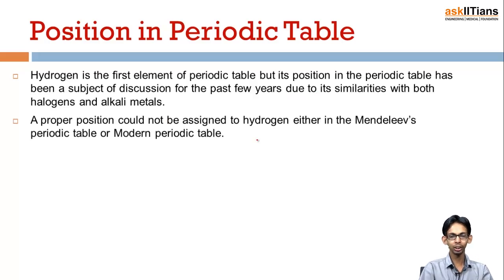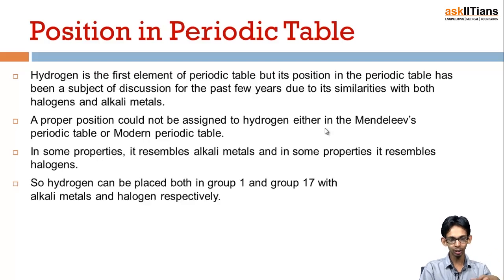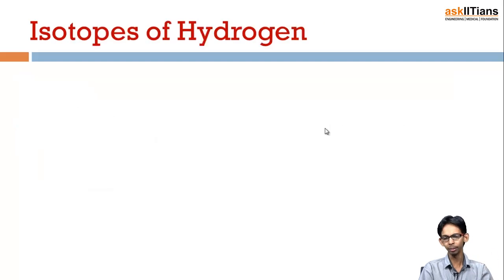A proper position could not be assigned to hydrogen either in Mendeleev's periodic table or in the modern periodic table. In some properties it resembles alkali metals, and in others it resembles halogens. So hydrogen cannot be placed in both group 1 and group 17.